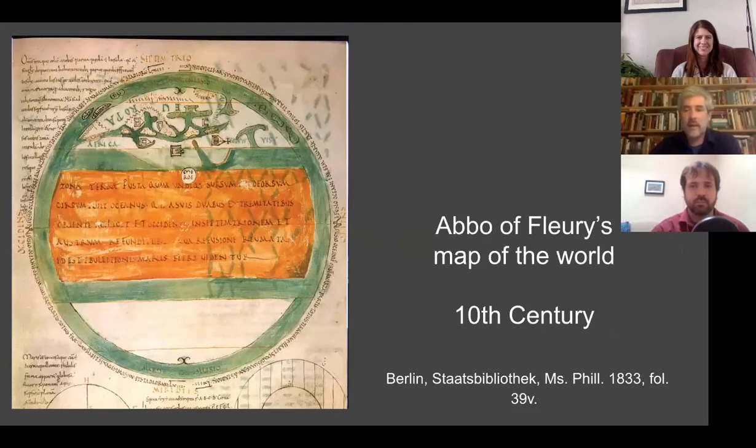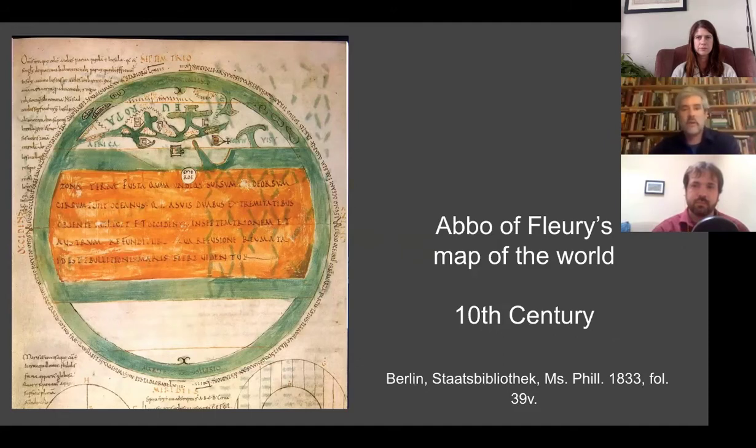This map of the world by Abbo Fleury from the 10th century is again a zonal map. You can see in the southern hemisphere, they have no idea what's there, so it's blank. The middle is in this red, which is inhabitable, but the northern hemisphere shows the same basic picture of the world that you saw in the Hereford map and the Ebsdorf map and the Cotton map, but now it's turned on its side because we're looking at north as up.